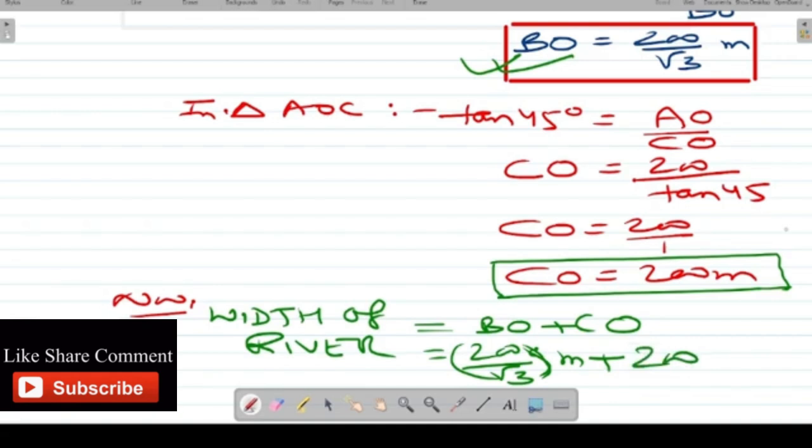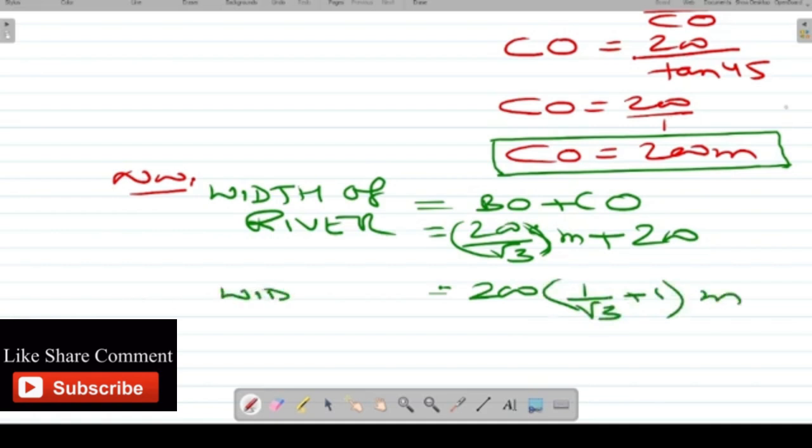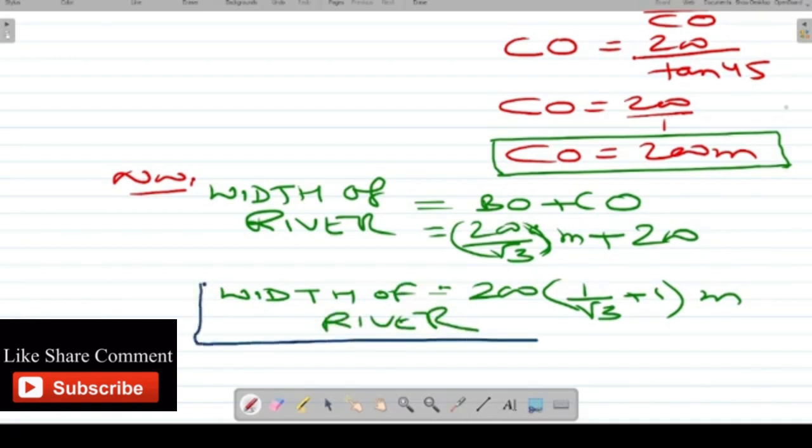So from this we get that the width of river equals, taking 200 as common, 200 into 1 by root 3 plus 1 meter. So students, we have found the width of the river.